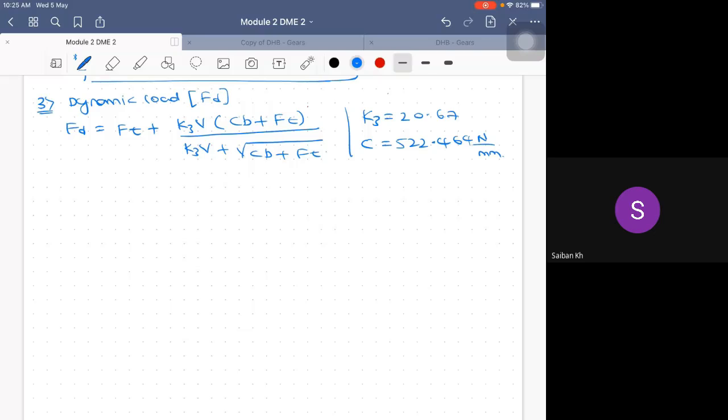I guess you have to calculate FT for this. FT you already calculated, I guess, right? So how much is the value of FT you have got? 14.2 kilonewtons. Okay, just substitute all the values and give me the value of FD.